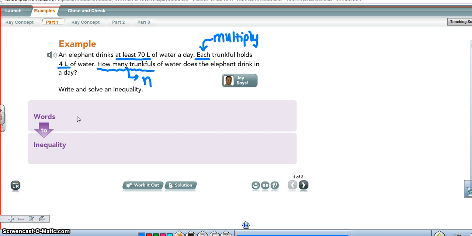If it drinks 4 liters of water each trunkful, we can multiply that by how many trunkfuls it drinks, and then we should get that total amount. Okay, so the 4 liters each trunkful.